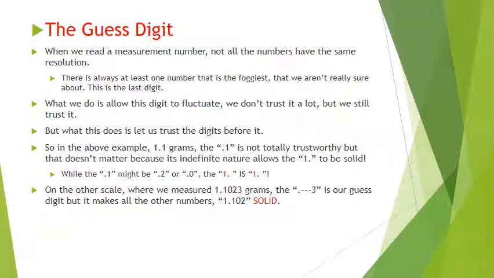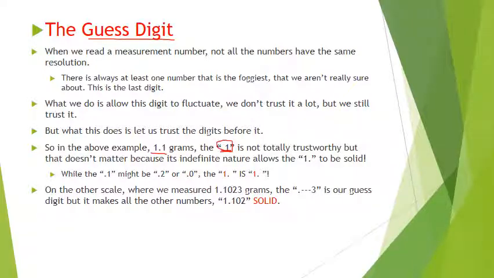So we're going to look at our numbers and decide which number is going to be our foggy number and which are going to be our true numbers. In the example above, we had 1.1 grams. The last digit is going to be our blurry number. So the 0.1, which we're going to call the guess digit, is not totally trustworthy. We're going to say it's kind of close to 0.1.